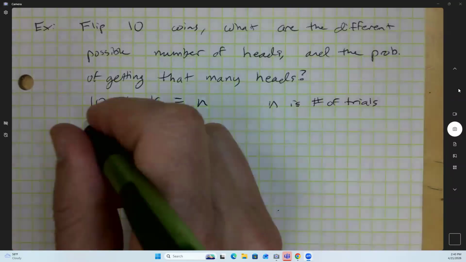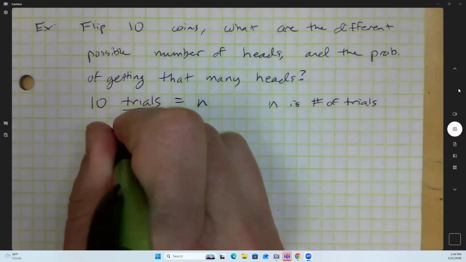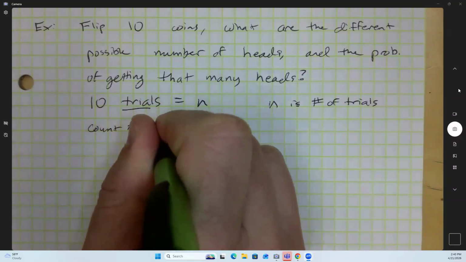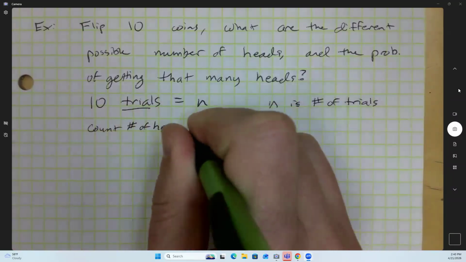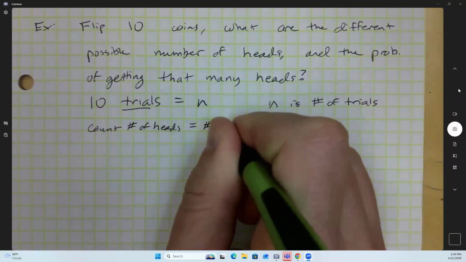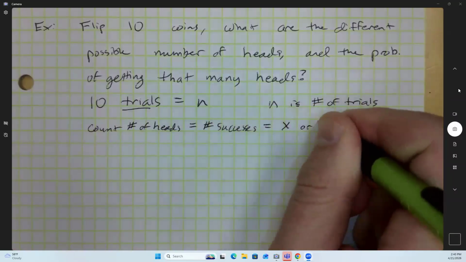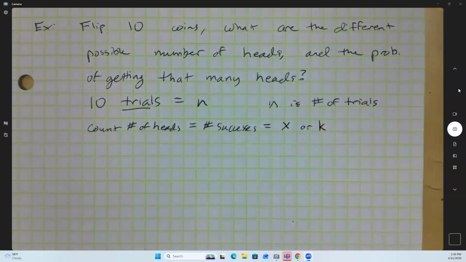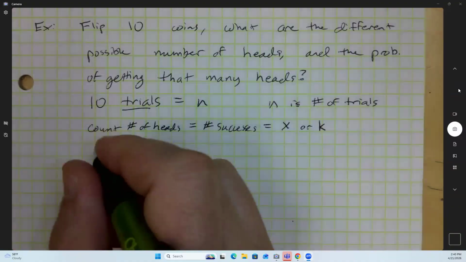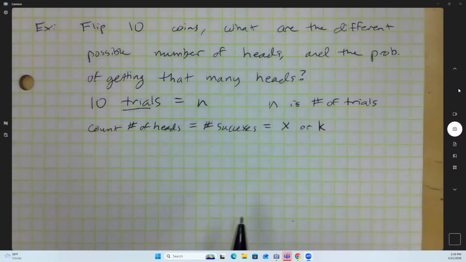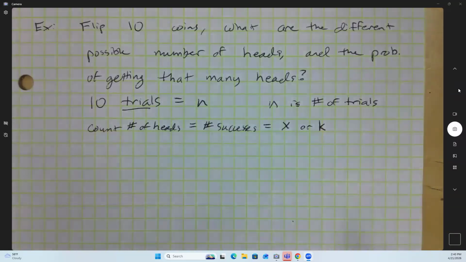And then we're going to count the number of heads. This is the number of successes. We're going to call that either X or K, depending on which textbook or which app you're using. Each coin flip is either going to be a heads or a tails.